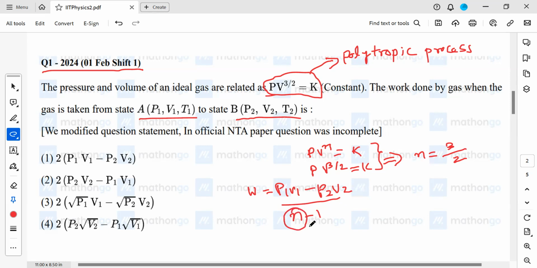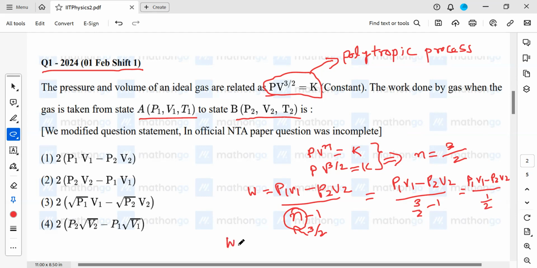Here n is 3 by 2, so the equation simplifies to (P1V1 minus P2V2) divided by (3 by 2 minus 1). 3 by 2 minus 1 is 1 by 2.